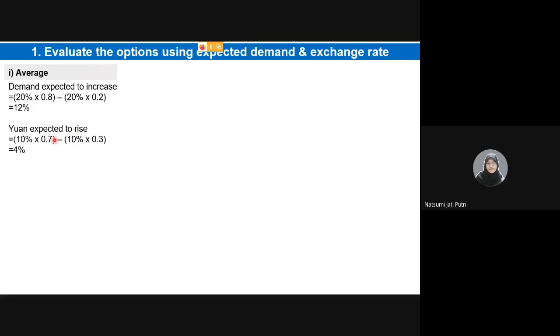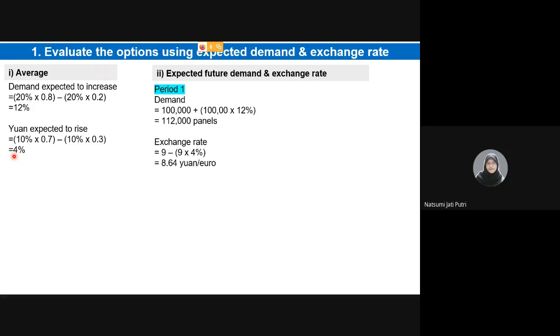And the yuan expected to rise is 10% times 0.7 minus 10% times 0.3, and we got 4%. And then we compute the expected future demand and exchange rate.